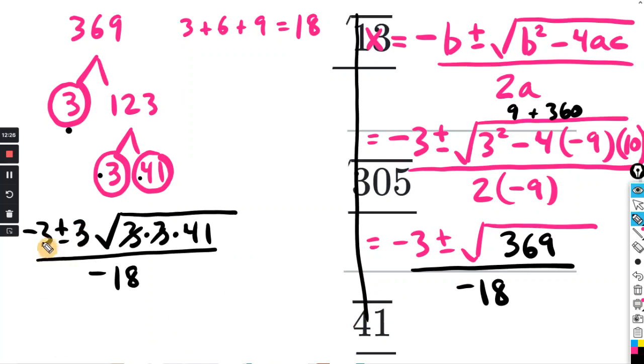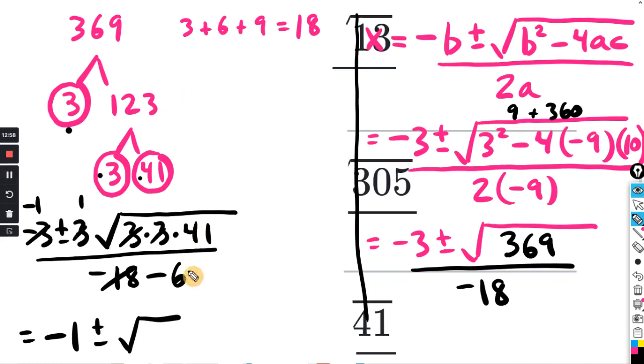Remember, when you have numbers added or subtracted in the numerator, you have to cancel each one of those and the denominator. So these are all divisible by 3. Negative 3 divided by 3 is negative 1. 3 divided by 3 is positive 1. And negative 18 divided by 3 is negative 6. So the final answer, we have negative 1 plus minus. And 1 in front of the square root does nothing, so you can leave it off.